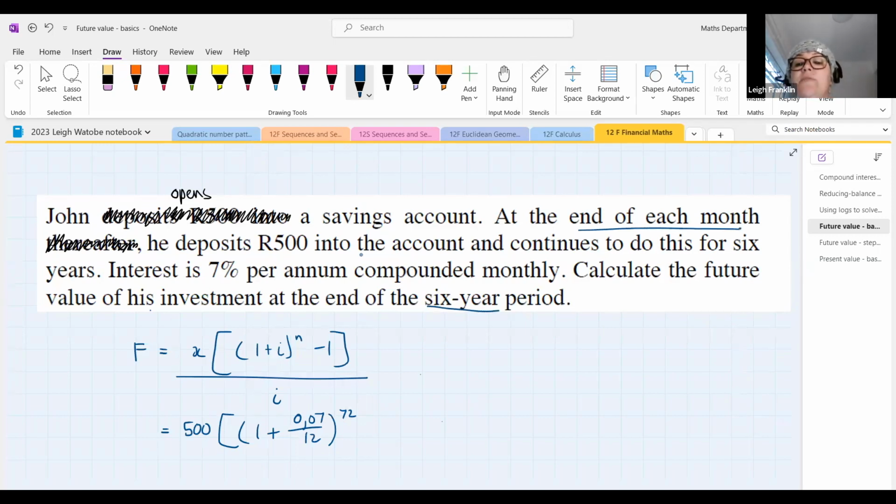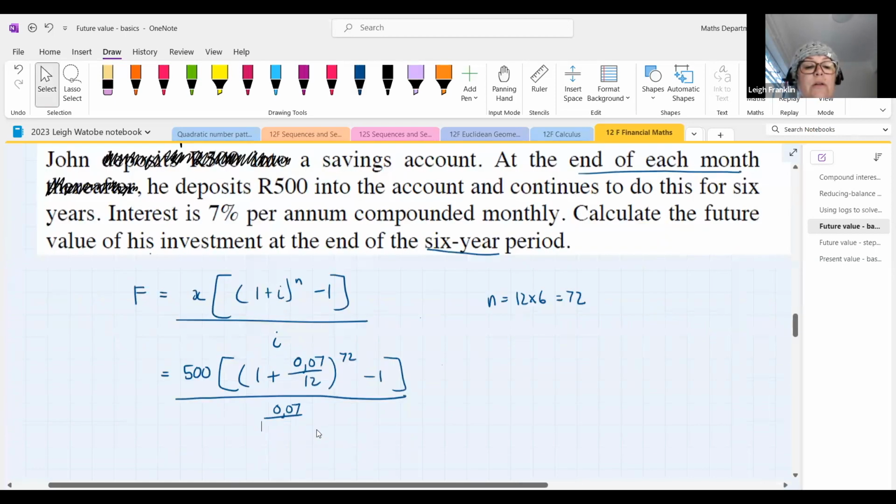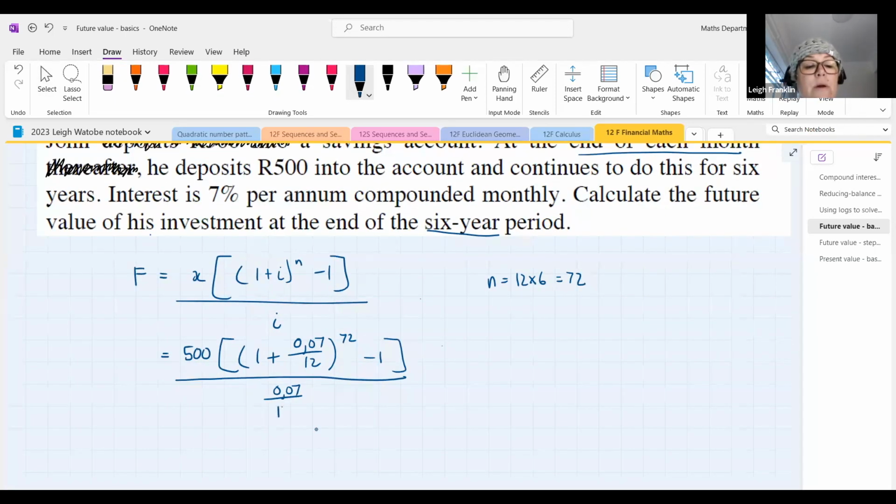It was at the end of each month for 6 years. So N would be equal to 12 times 6, which is 72. Okay, 0.07 over, let's just go down a little bit, and then the 12 over there.